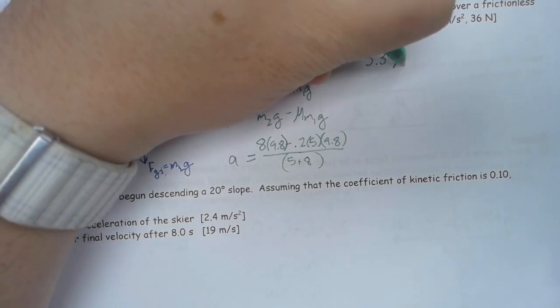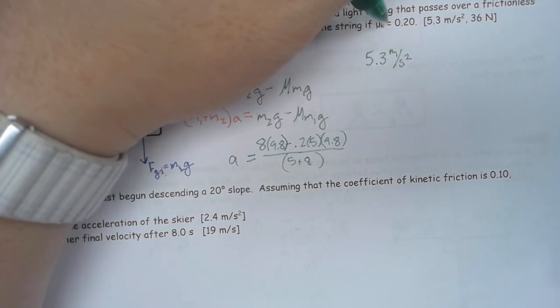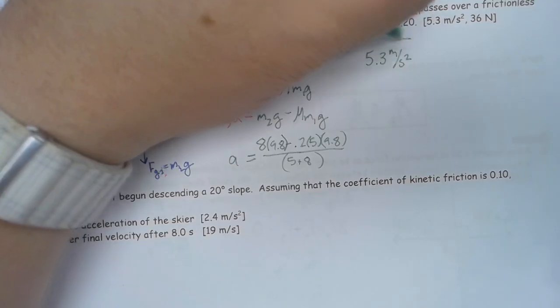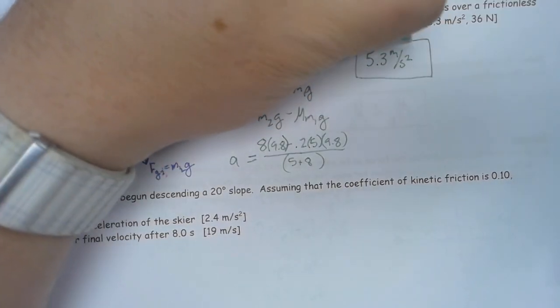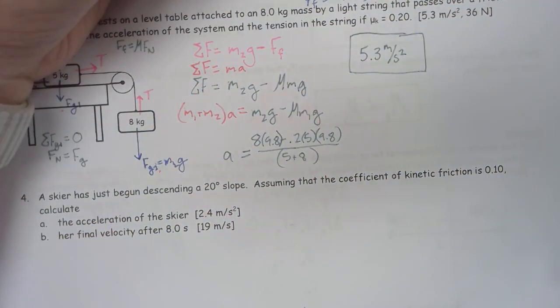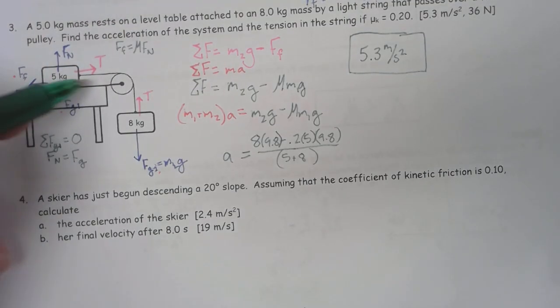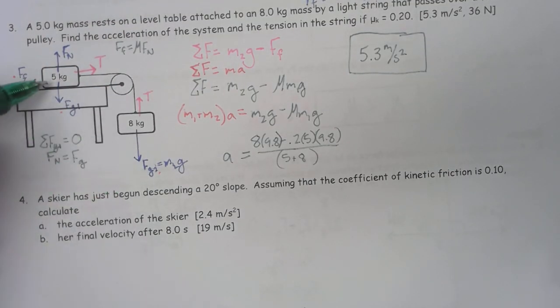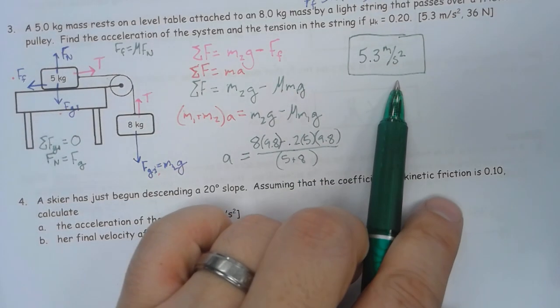Okay. Meters per second squared. And that's down for this one and to the right for this box. They're both going to move with that acceleration.